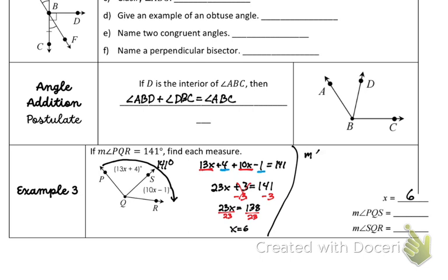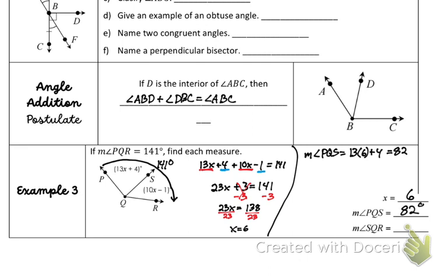The measure of angle PQS equals, instead of 13x plus 4, I'm going to have 13 times 6 plus 4. So I just replace that x with a 6. And here's where it's super nice to have a calculator, because I can just type in 13 times 6 plus 4. What do we get if we type that in? 82. So that just equals 82.